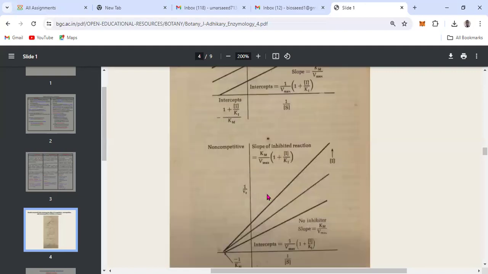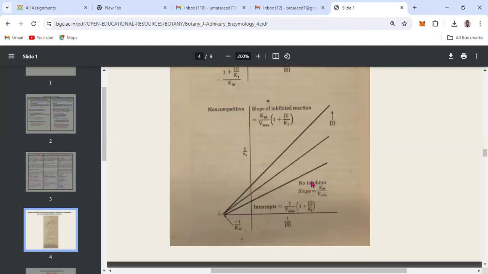Okay, so for the non-competitive inhibitor, without the inhibitor, the normal slope is Km over Vmax, right? So what happens if there is an inhibitor? Without inhibitor, the intercept is minus 1 over Km.